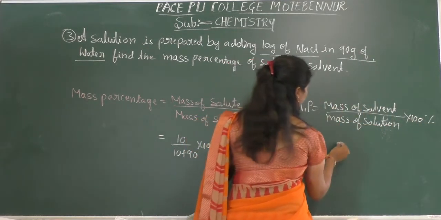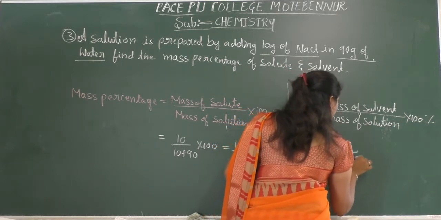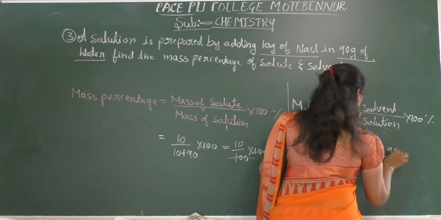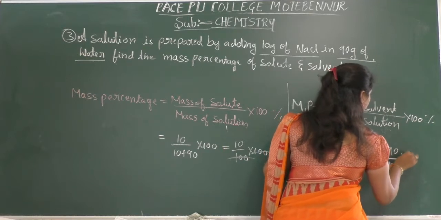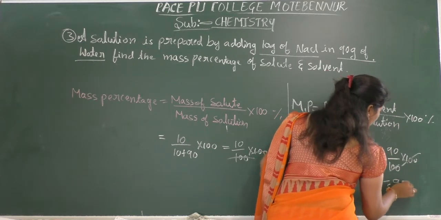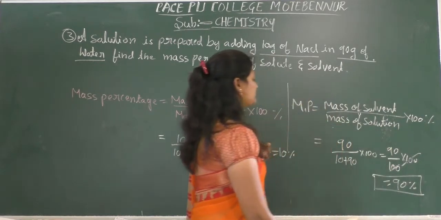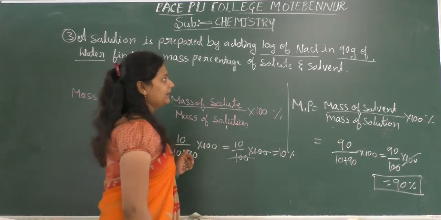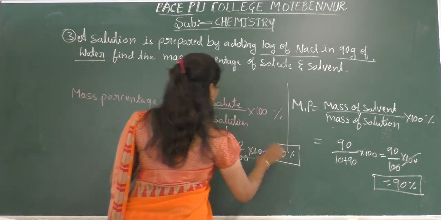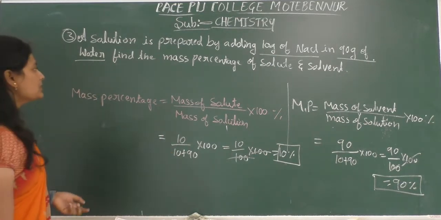Here mass of solvent is 90 and the mass of solution is 10 plus 90, into 100. So this is equal to 90 divided by 100 into 100, so this will get cancelled. So the answer is 90%. So this is the mass percentage of water which is present in the given solution, and this one is the mass percentage of NaCl which is present in the given solution.